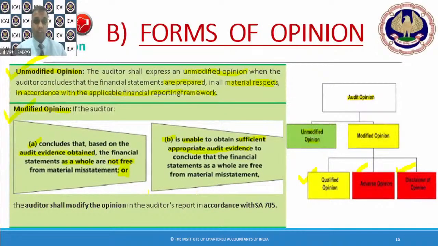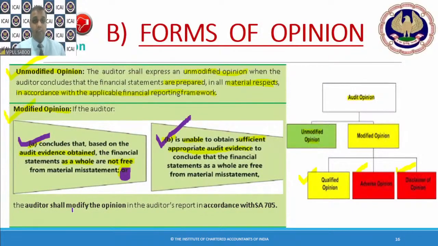So there are two cases, right? The first case is the auditor concludes that there are material misstatements, or the second case is the auditor is unable to obtain sufficient appropriate audit evidence to state in his opinion about the presence or absence of material misstatements in the financial statements as a whole.